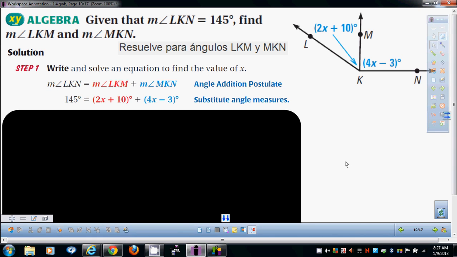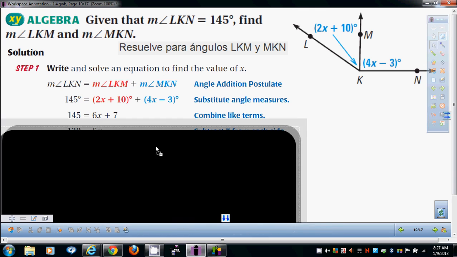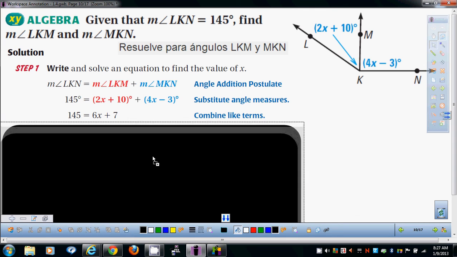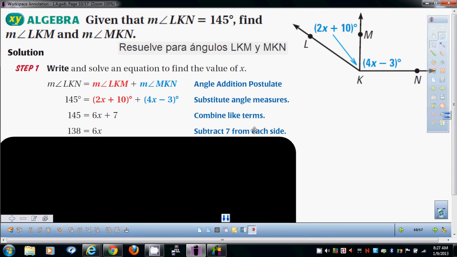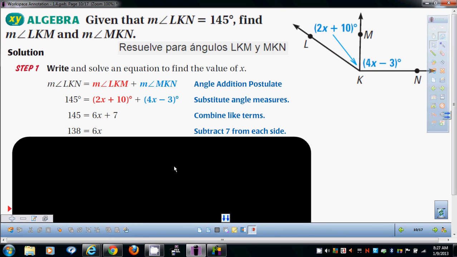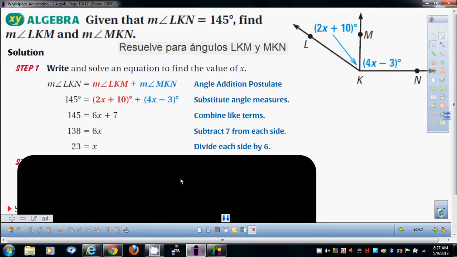And then it's all about like terms. 2x plus 4x, 6x, 10 plus negative 3, 7. So 6x plus 7 equals 145, subtract 7 from each side. What do we do now? Divide by 6, and you get 23.